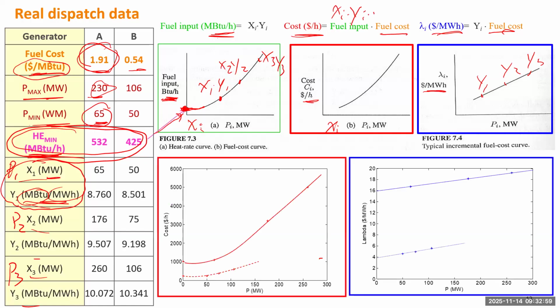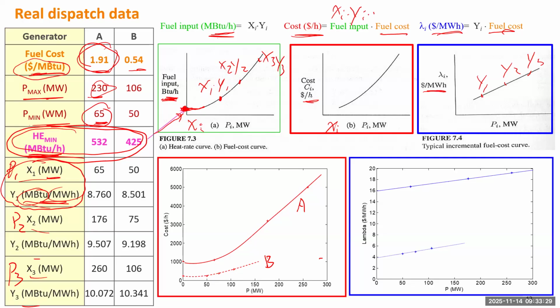All right. Okay, so this is the answer. I just utilized those formulas to create those curves. So you can see the cost curves, there are 2 cost curves. This is unit A and unit B, and A costs more dollars compared to unit B, because the fuel cost for power plant A is higher.